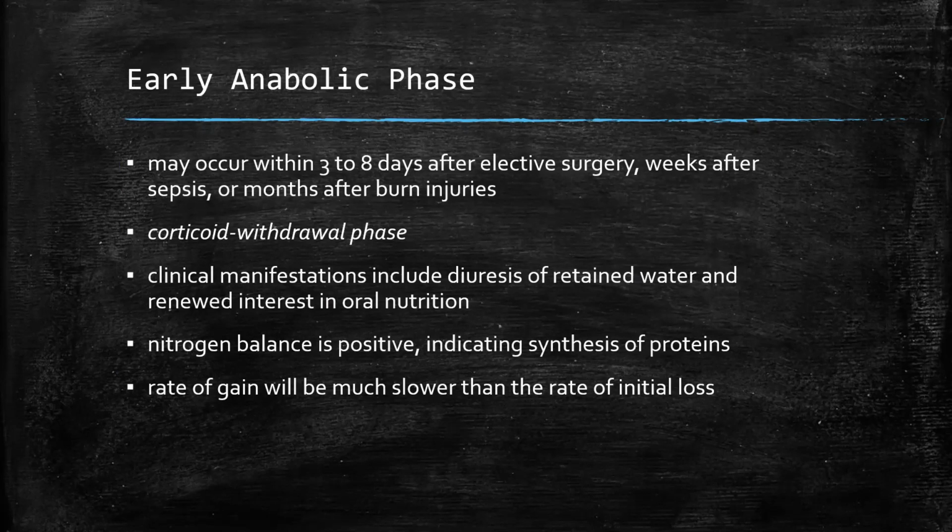After an elective operation, like a colectomy, anabolism begins relatively shortly after the surgery. In a septic patient, it could be several weeks or more. And in a burn patient, it might be months before they enter this anabolic phase. But ultimately, this phase happens when the injuries are healed.